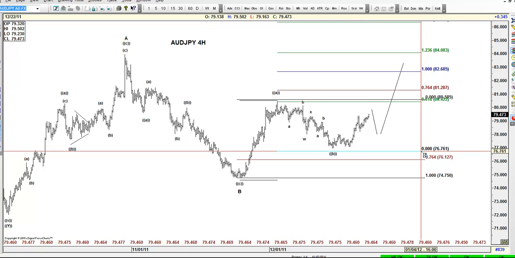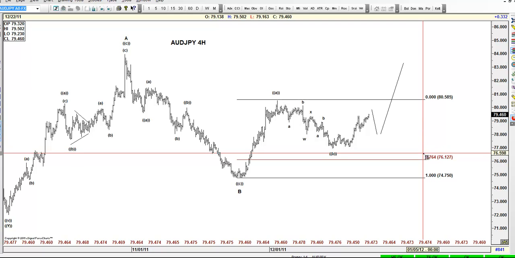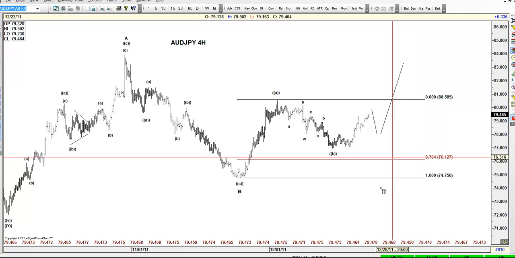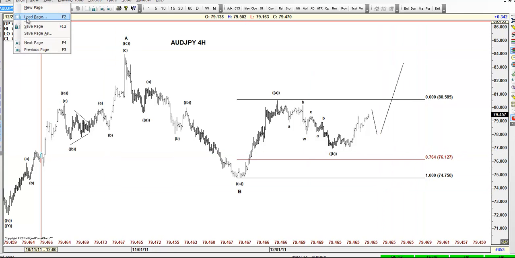This pair needs to trade at least at the 82, 83 area. With that in mind, we're going to draw the conclusion that the risk trade is on for about 2 weeks or rally, in my opinion.